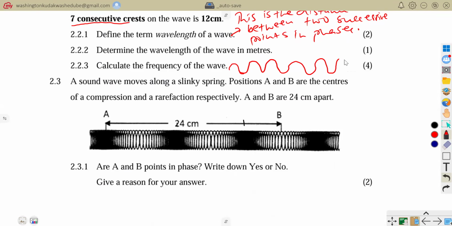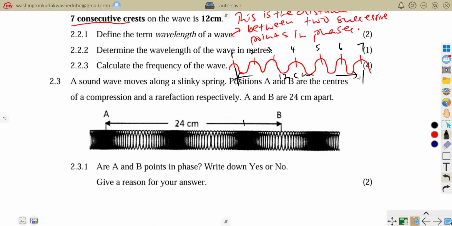I'm just trying to represent the wave. So we have got 1, 2, 3, 4, 5, 6, and 7 crests. And they're saying that the distance between those 7 crests is equivalent to 12 centimeters.